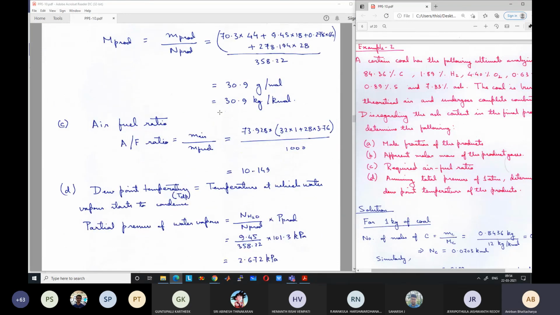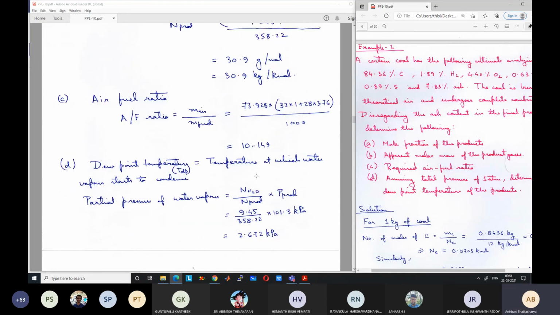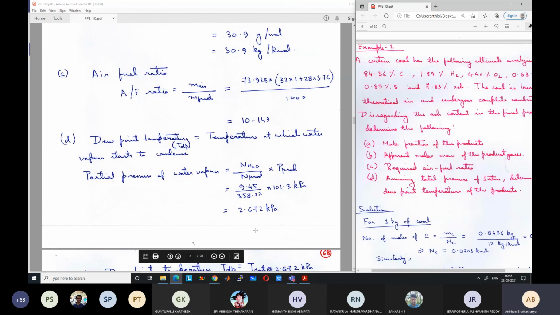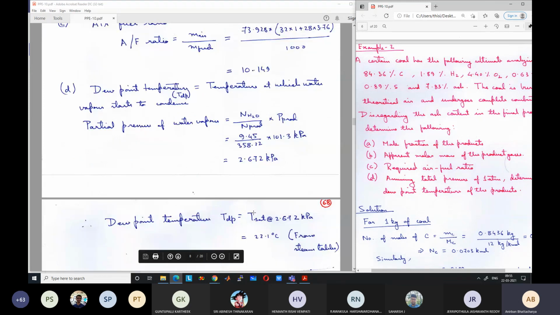Now you can go to the saturation tables and find the condensation temperature corresponding to this pressure. Approximately it is 22.1 degrees centigrade from the steam tables, like you do for calculation of the Rankine cycle. So this is the dew point temperature.